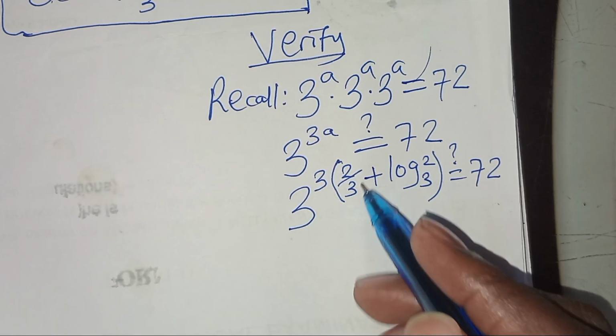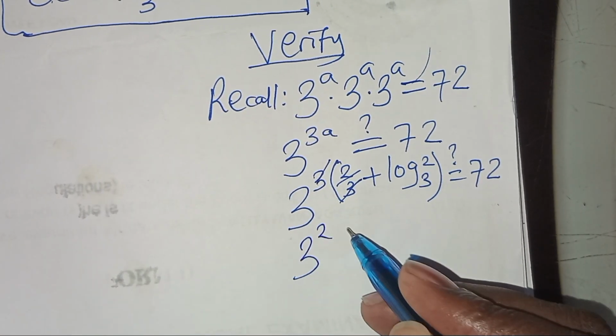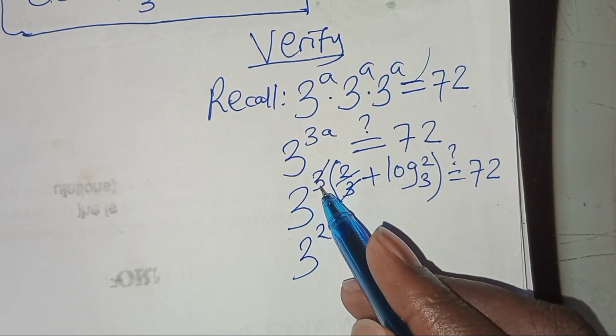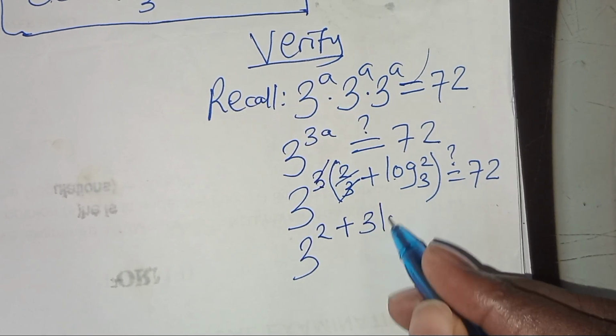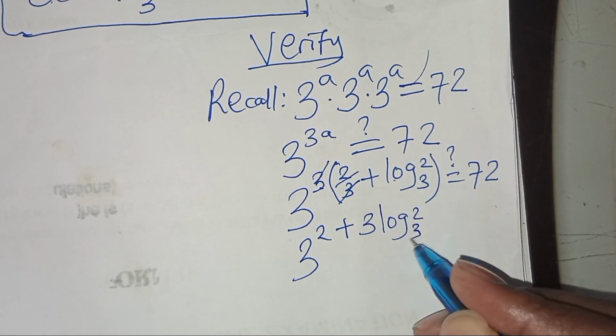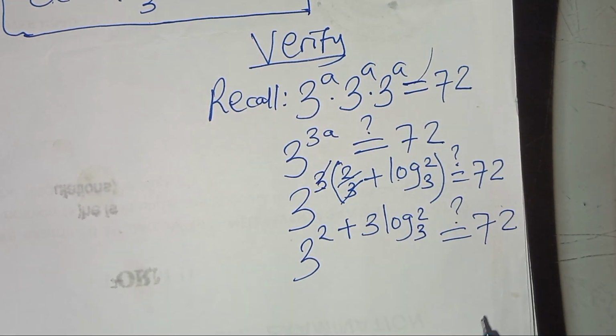Now let's simplify here, so that now we'll have 3 to power 2 plus 3 times log 2 to base 3, which becomes 3 log 2 to base 3. This should give us a value of 72.